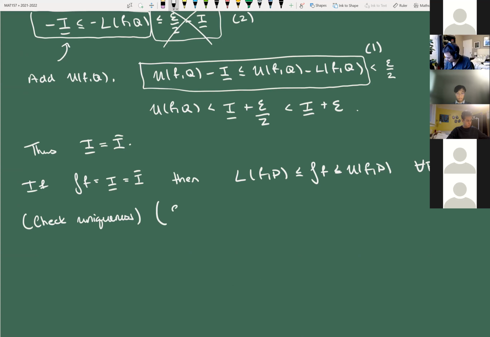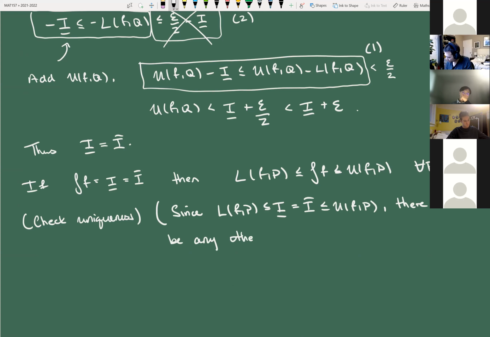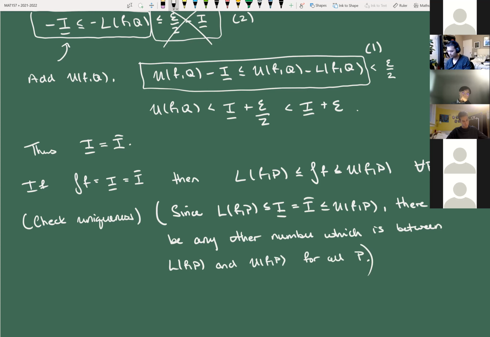So since LFP is less than or equal to I lower bar is equal to I upper bar is less than or equal to UFP, there cannot be any other number which is always between the upper and lower sums, and UFP for all P. Because any such number must be between the lower integral and the upper integral.